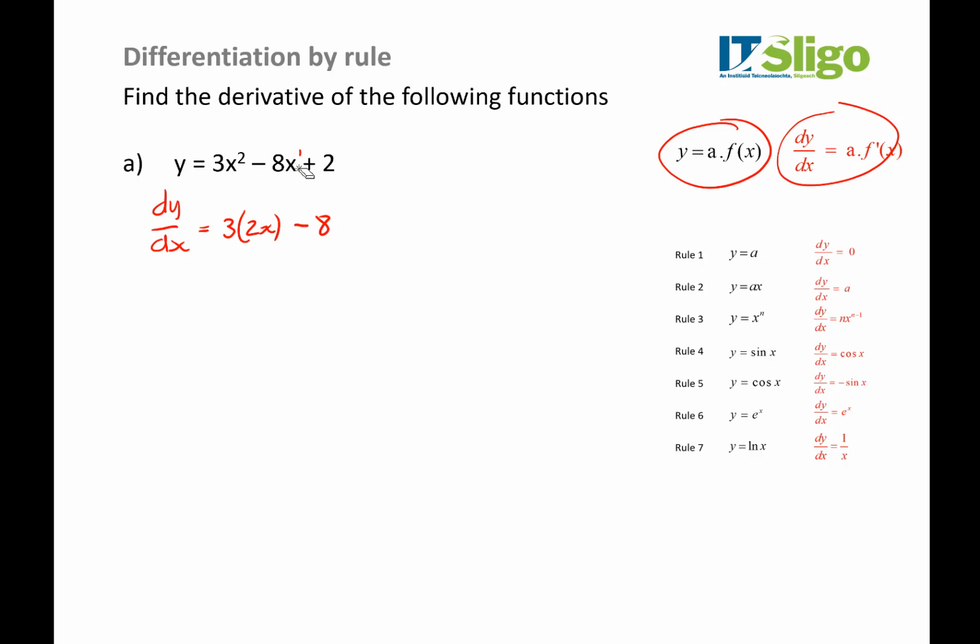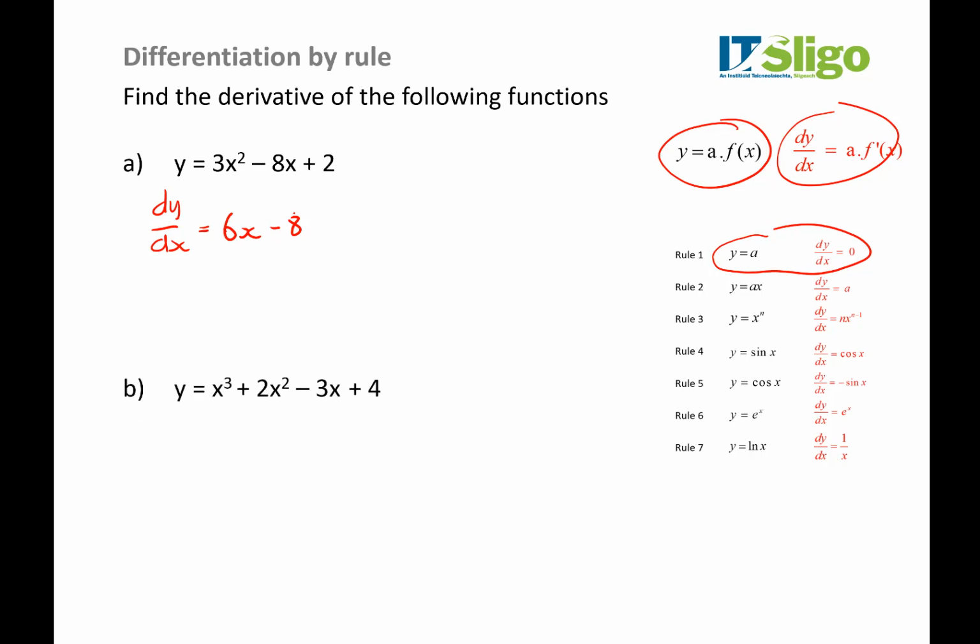And then any constant value, the plus 2, remember, this was rule 1 here, any constant value just goes to 0. So you can write in plus 0, but it's usually trivial. So in this case, our answer becomes 6x minus 8.